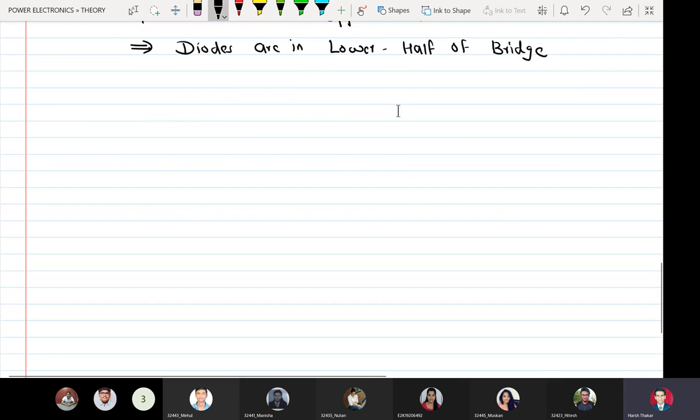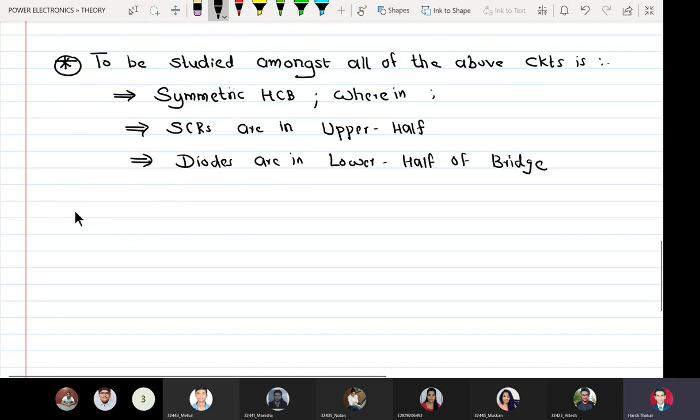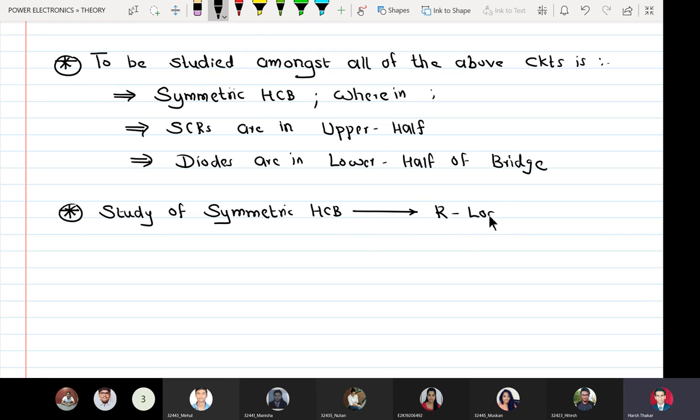Okay, and next is the study of the symmetric half control bridge for R load, RL load and highly inductive load.